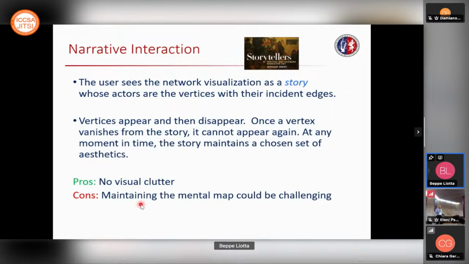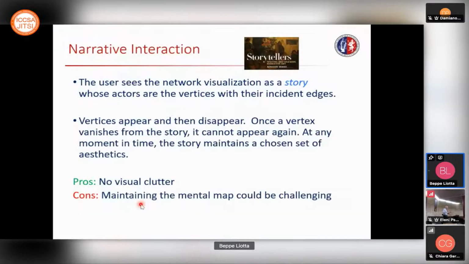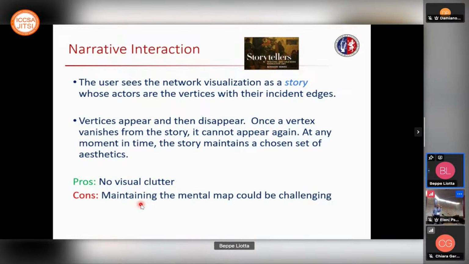So let's try something different: let us make a movie out of the graph. Let's visualize the graph in a dynamic manner, such that a vertex appears in my movie for a while until all its neighbors have been drawn, and then it disappears. So it gives me the time to analyze what that vertex does, and then it goes away.